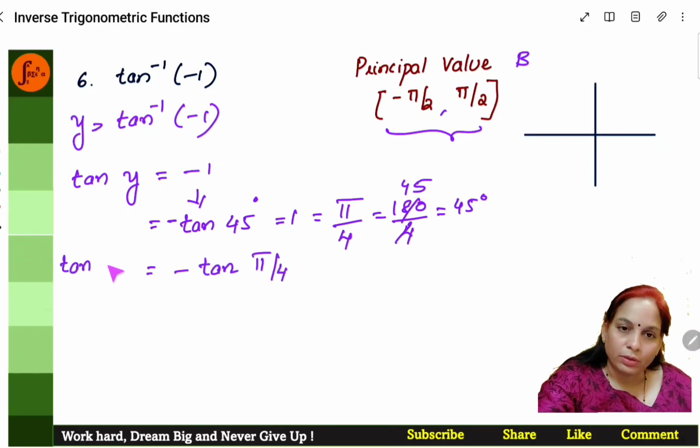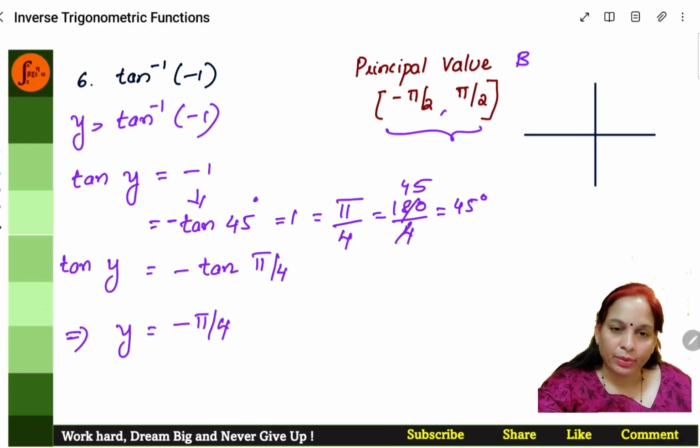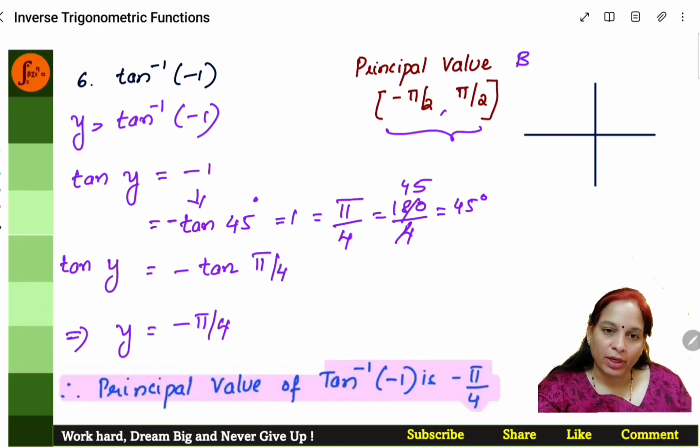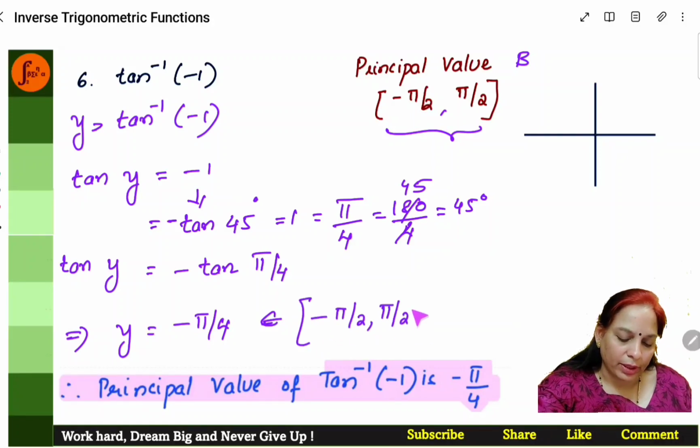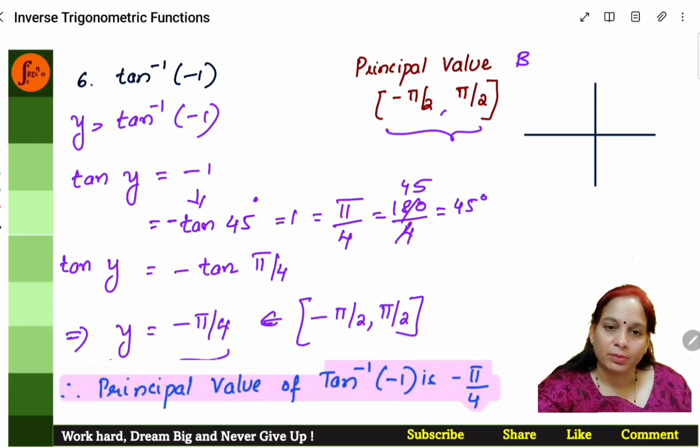This is equal to tan y. This implies that y is equal to minus pi by 4, and this belongs to principal value branch, which is minus pi by 2 to pi by 2. So this is the principal value.